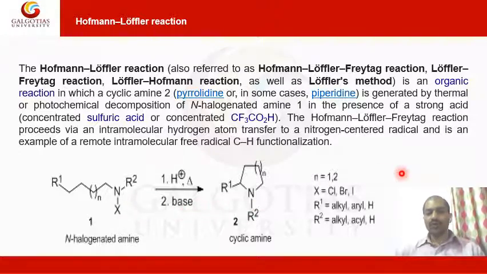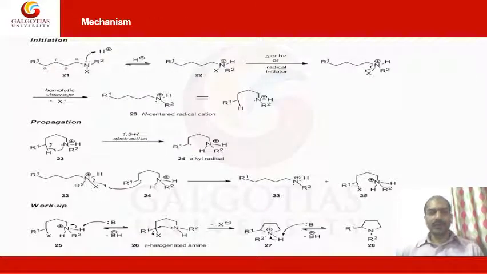Now the important thing is how this mechanism takes place. The mechanism can be understood in two major steps. One is the initiation step. Here you can see the reaction is initiated with the proton.